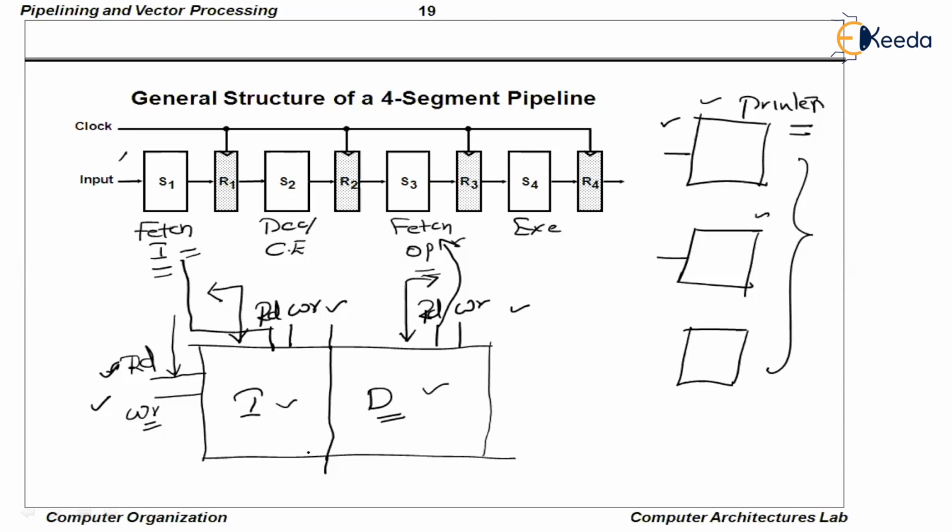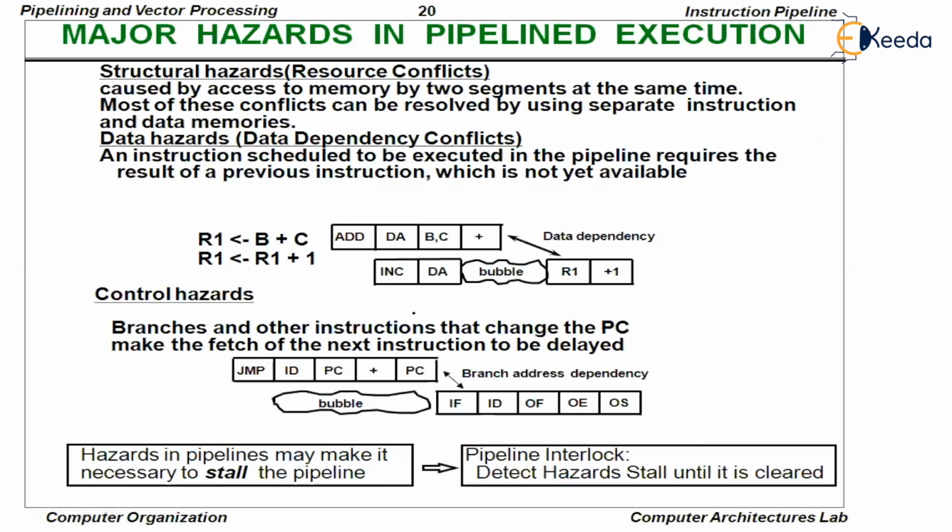Anyhow, main memory is physically divided into two parts, instruction part and data part. Now, rather than using one read and write pin, use separate read and write pins. So, the fetch the instruction segment is going to use the read pin of the instruction memory. The fetch the operand segment is going to use the read pin of the data memory. So this is how you can handle structural hazards.